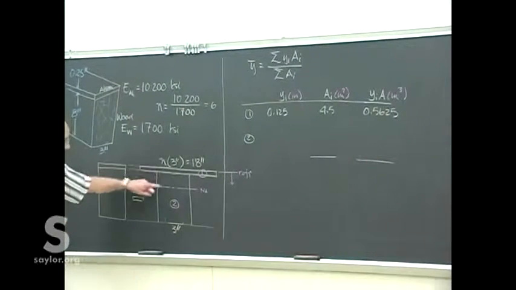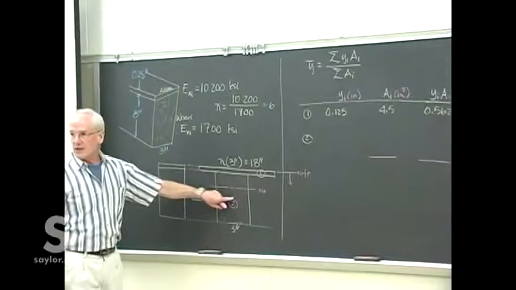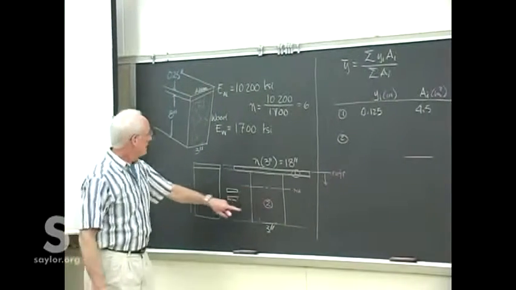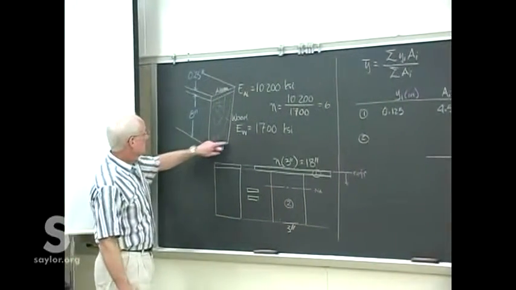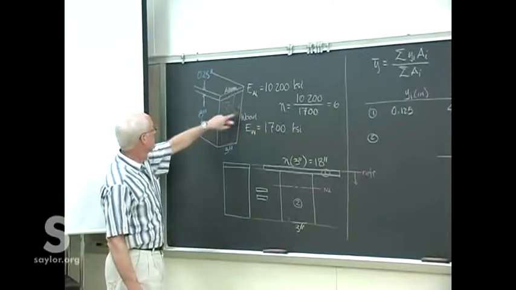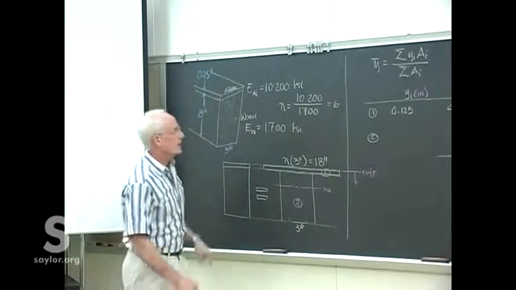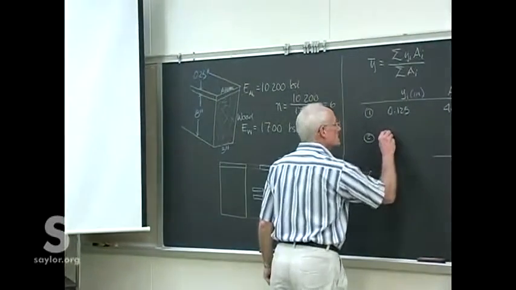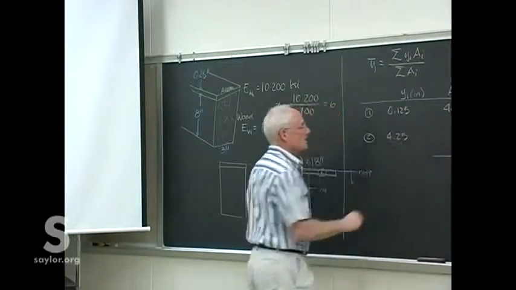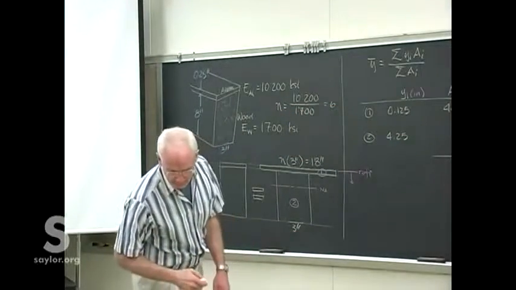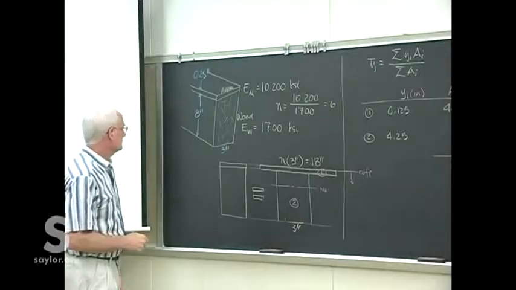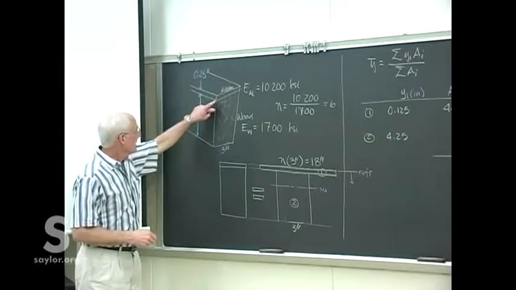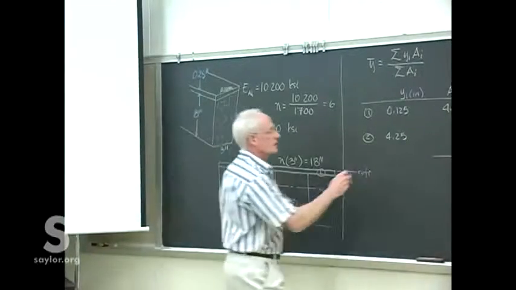All right, piece 2, its centroid's right dead center, which is 4 inches down through the piece, but we're already 1/4 of an inch down, so this is 4.25. Its area is the 8 by 3, that's 24.